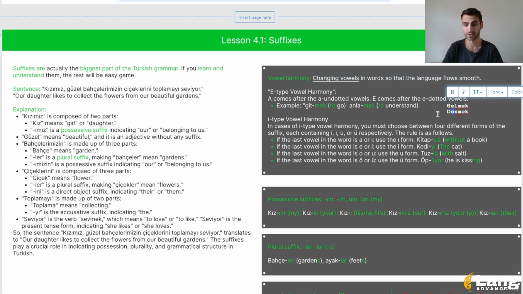If it was, for example, götürmek, another verb, to carry something, Ü is also dotted. Götür is the root. The last vowel is Ü. Therefore, mek. And because Ö is dotted, you understand Ü also here will be dotted because of the vowel harmony.